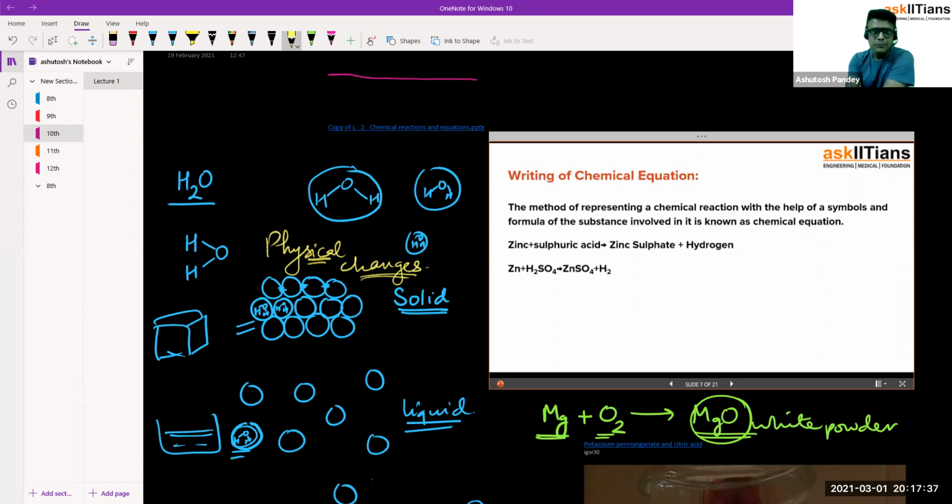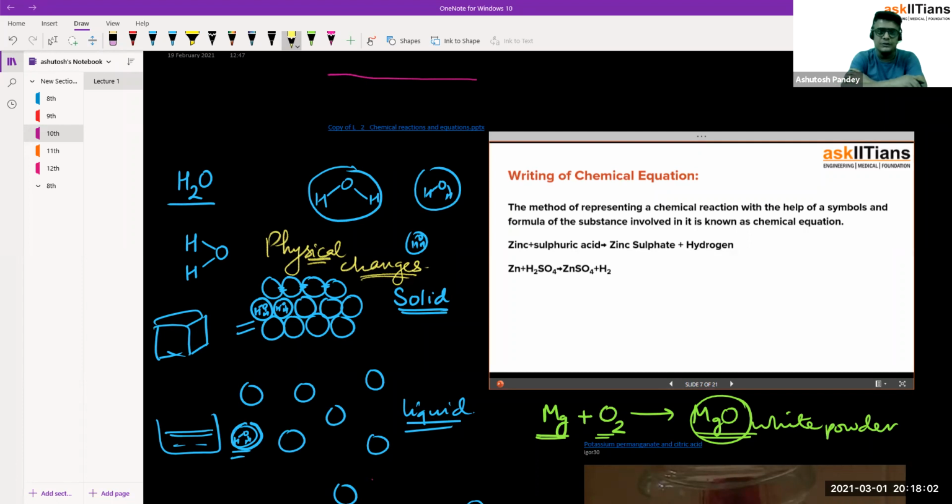So we have zinc reacting with sulfuric acid. What happens? Zinc sulfate and hydrogen are formed. See, the equation is given as: we can represent zinc with Zn, the symbol of the element zinc. And for sulfuric acid we have H2SO4 as the chemical formula.